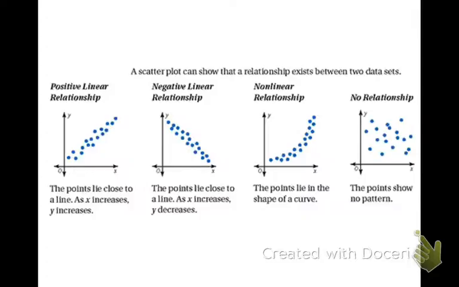It's kind of that same pattern. If it is a curved line, then it is a non-linear relationship. And if the points show no pattern whatsoever, there's no relationship or correlation between the points, that you can't find a pattern or any relationship between the x and the y coordinate.